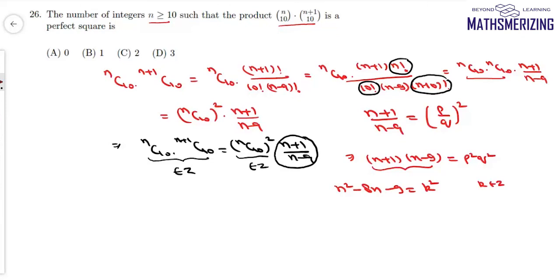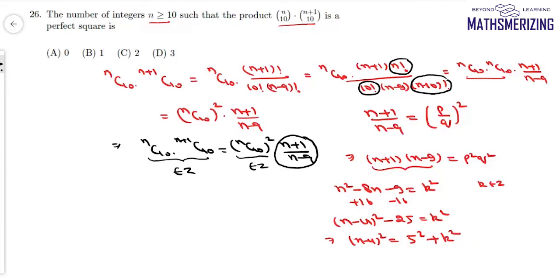Now if I complete the perfect square, I'll write plus 16 and minus 16. So I'll get n minus 4 whole square minus 25 equals k square, or n minus 4 whole square equals 5 square plus k square.